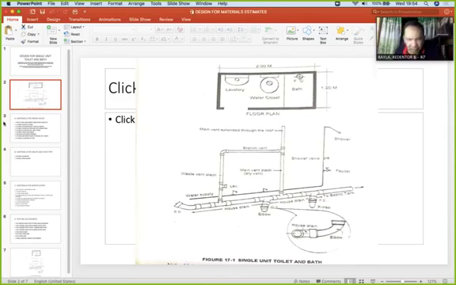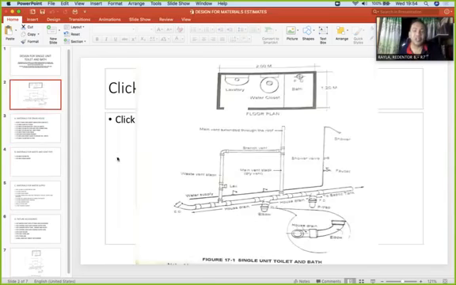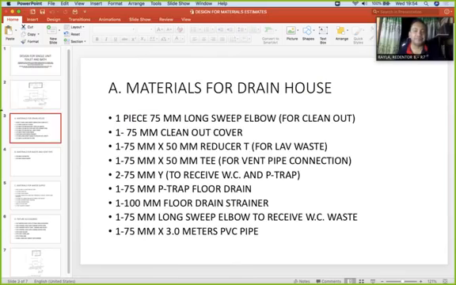P-trap, 75 by 50. 75, because our maximum diameter is 75. So here we cannot see the P-trap, but it is the built-in P-trap inside the water closet. 75 mm. Okay.